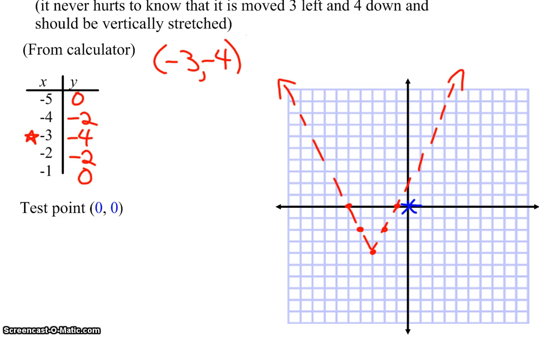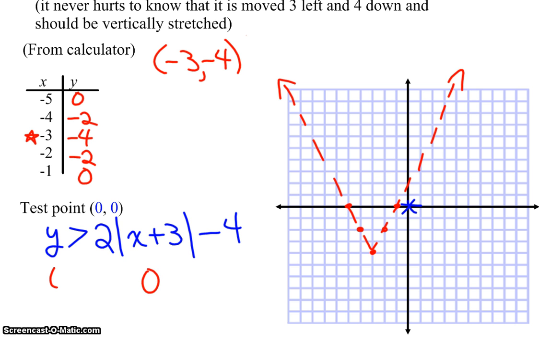I'm going to substitute that into the original inequality, which was y is greater than 2 times the absolute value of x plus 3, minus 4. I'm going to put 0 in for x and 0 in for y and see if I end up with a true or false statement.